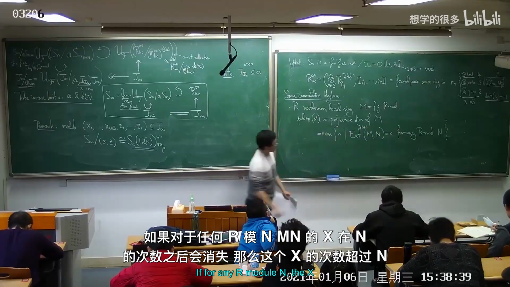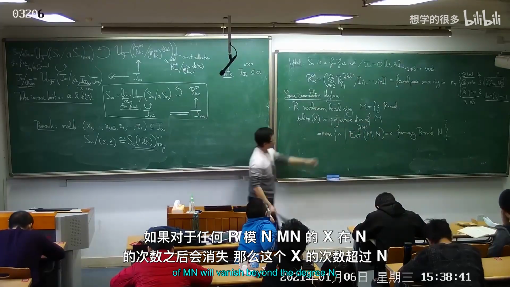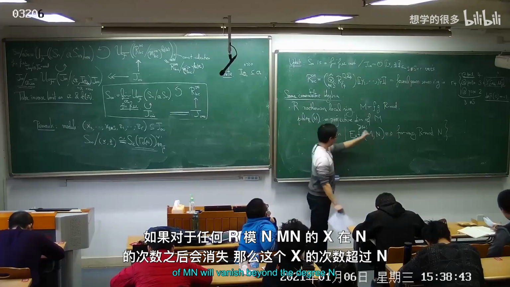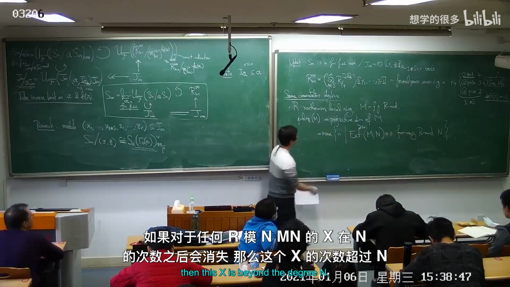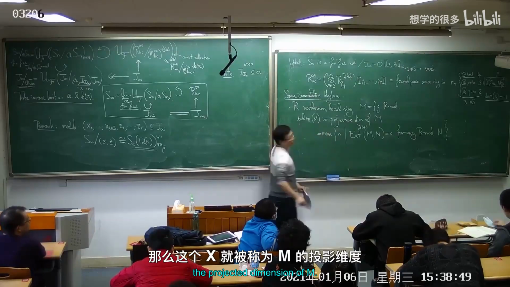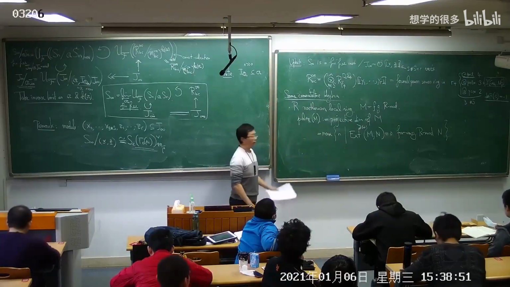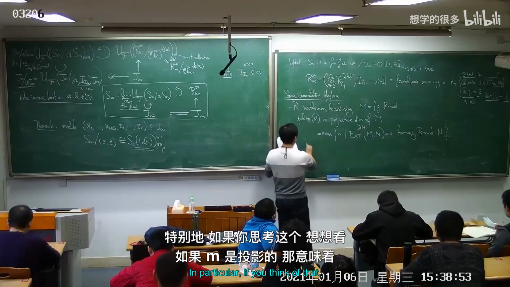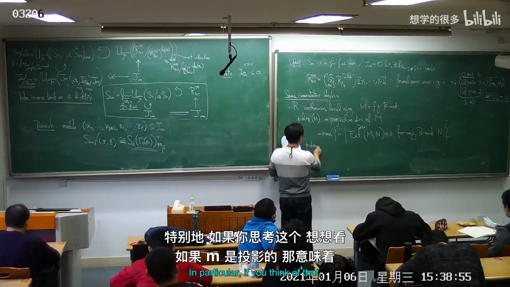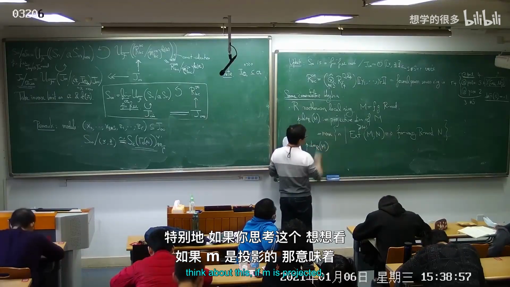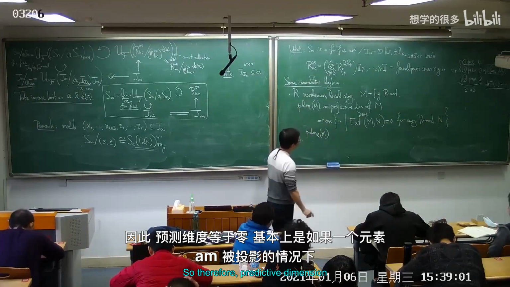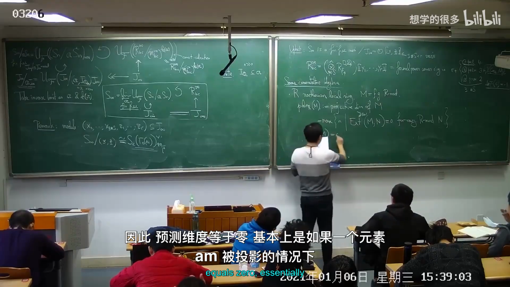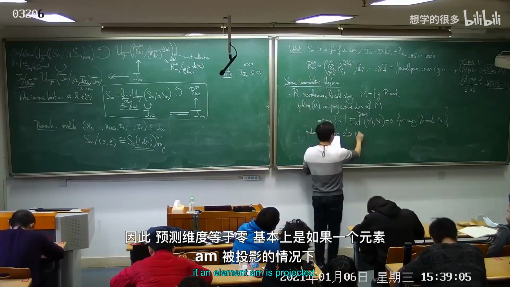If for any R module N, the Ext of M, N will vanish beyond the degree n, then this n will be called the projective dimension of M. In particular, if M is projective, that means this Ext will vanish beyond degree 1. So therefore, projective dimension equals 0 essentially if and only if M is projective.